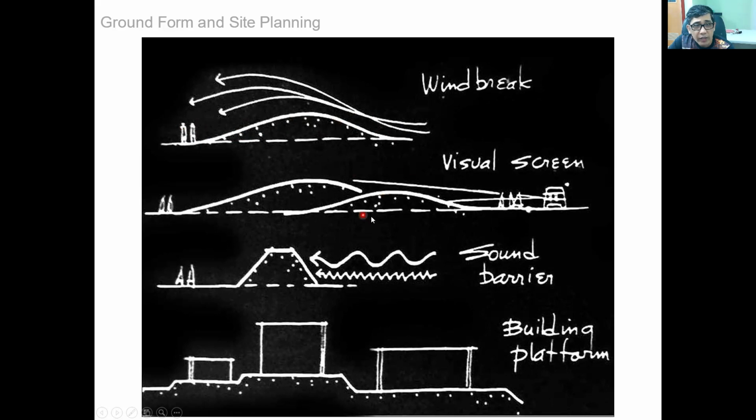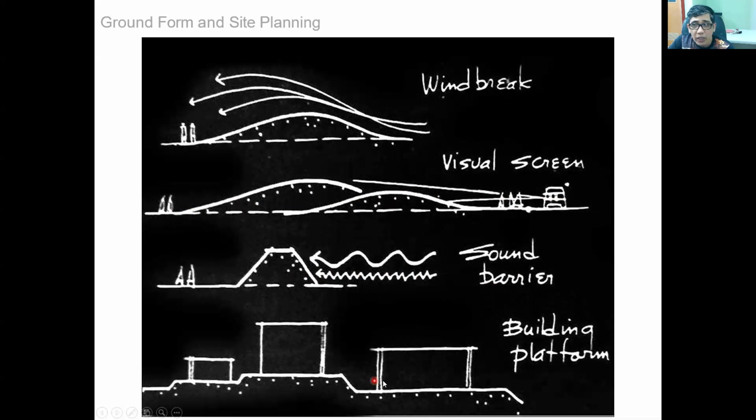Another one is it creates a visual screen. So you will have a baffle or a screen from vehicular lights, or persons will not directly see what's on the other side of the hill. Another application of this is a sound barrier. It can diffuse or absorb the sound.